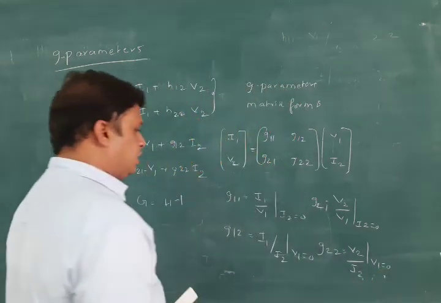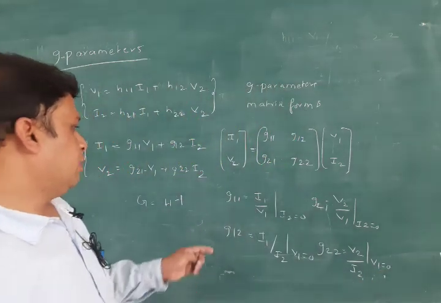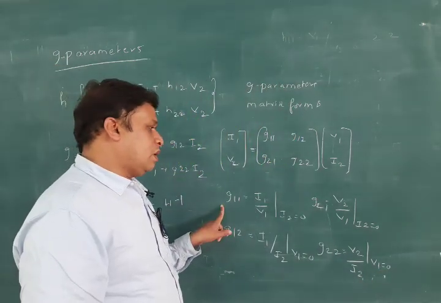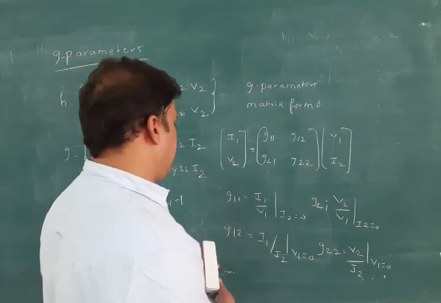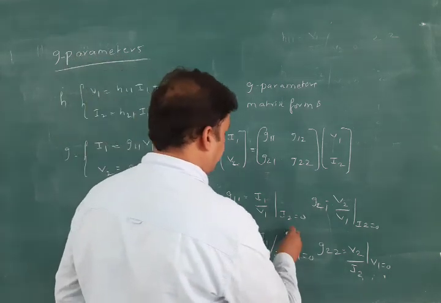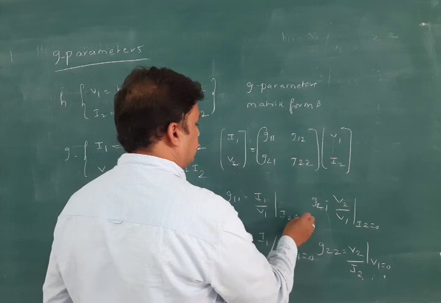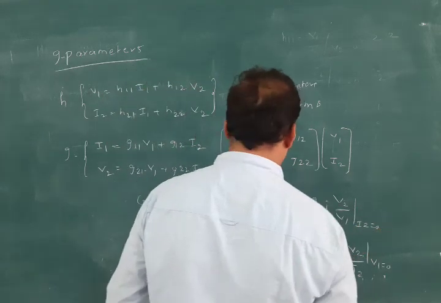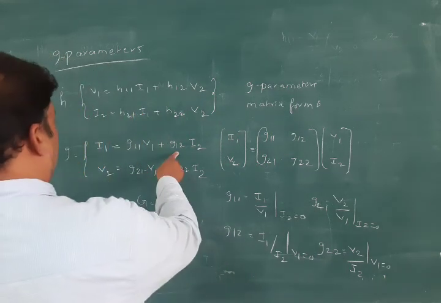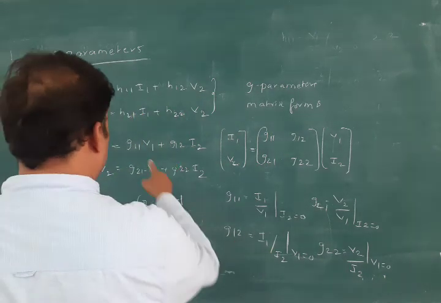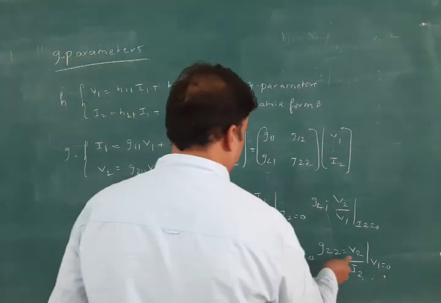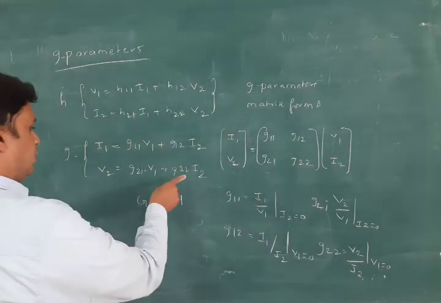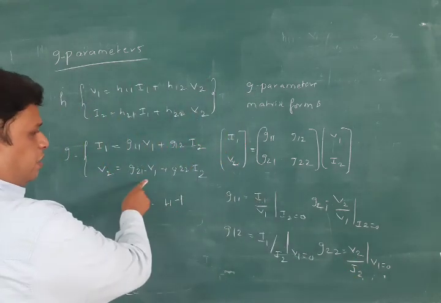So here we can see that G11 is I1 by V1 at I2 equal to 0, G21 is V2 by V1 at I2 equal to 0, G12 is I1 by I2 at V1 equal to 0, and G22 is V2 by I2 at V1 equal to 0.